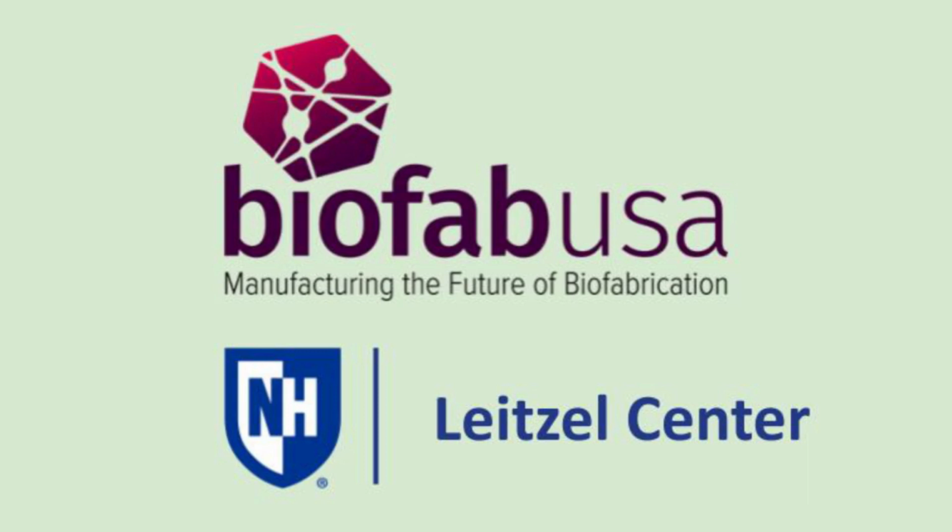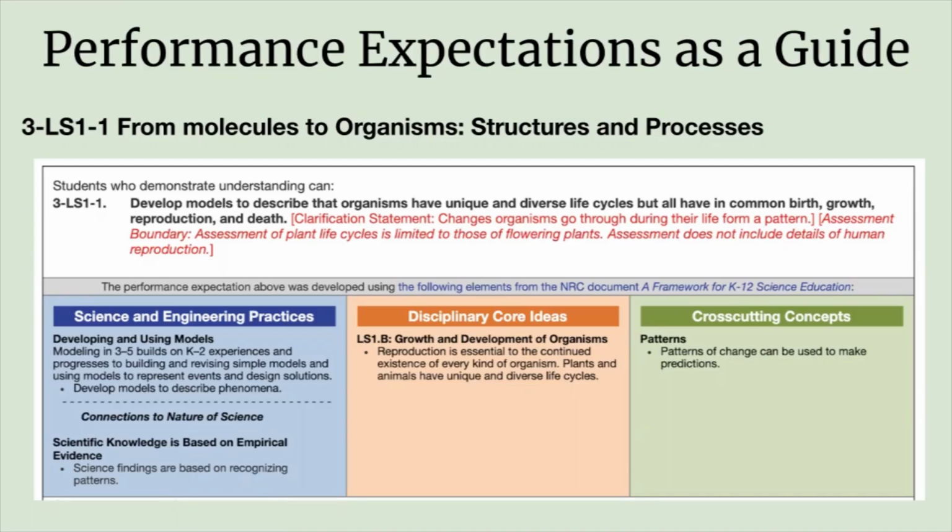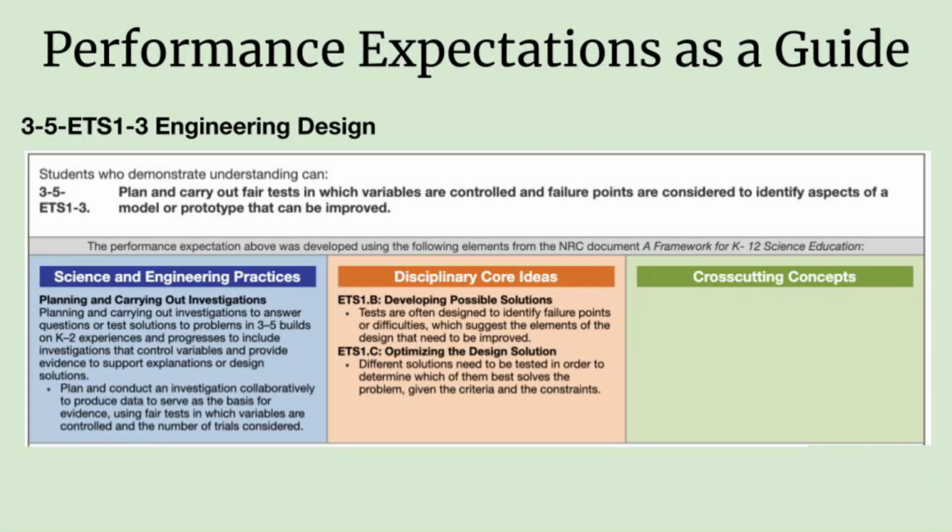University of New Hampshire. Let's look at a performance expectation from the NGSS standards. The students are going to use their data from an experiment to argue for the conditions that best support yeast growth. This is a second performance expectation specifying specific goals for students of grades 3 to 5.